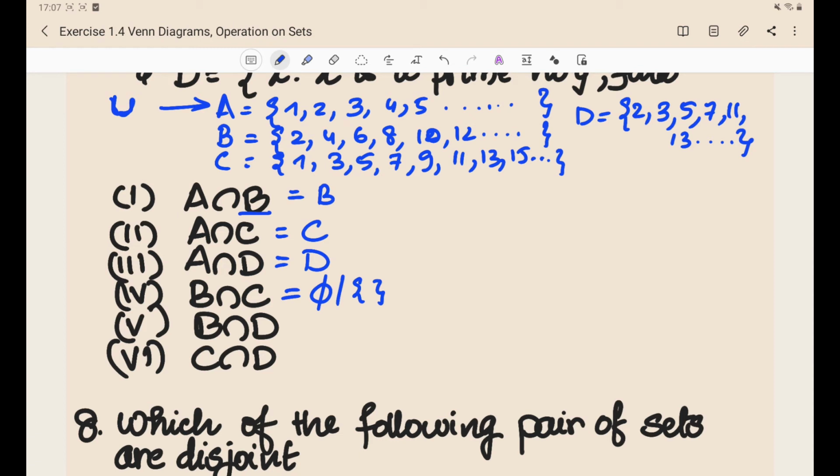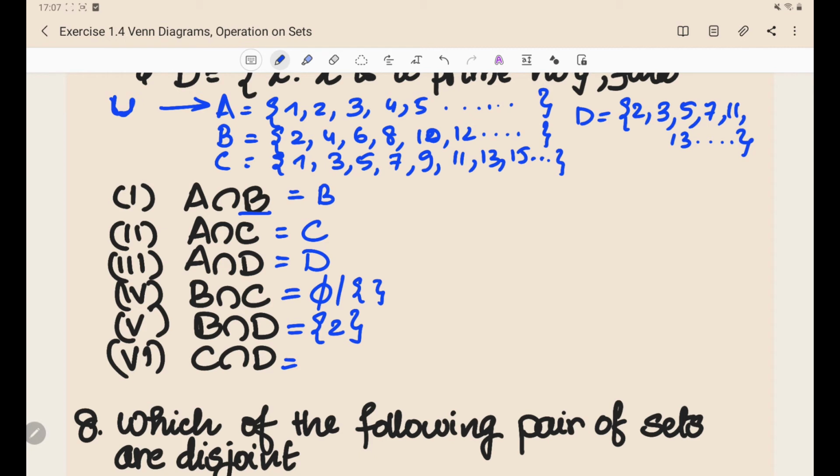Do you know any even natural number that is also a prime number? Yeah, you do have an element in it. What is that? The element 2. It is an even natural number, and it is also a prime number. So 2 is the element of the set B intersection D.